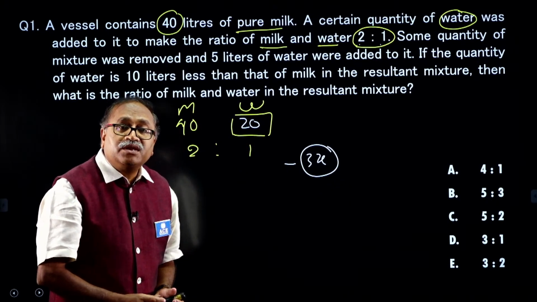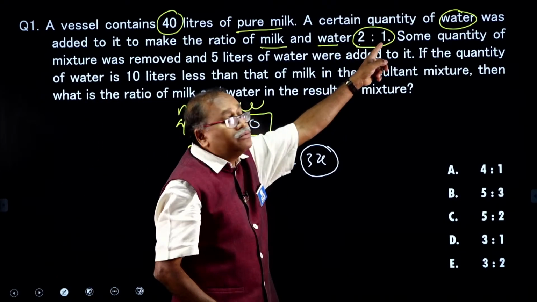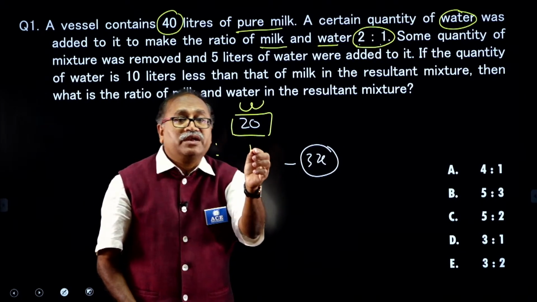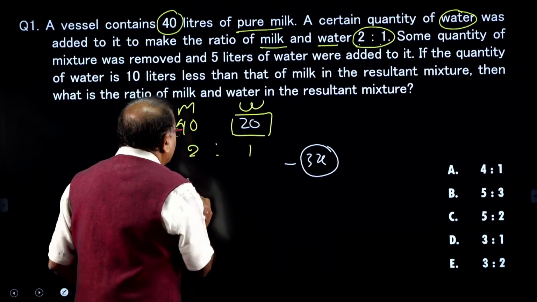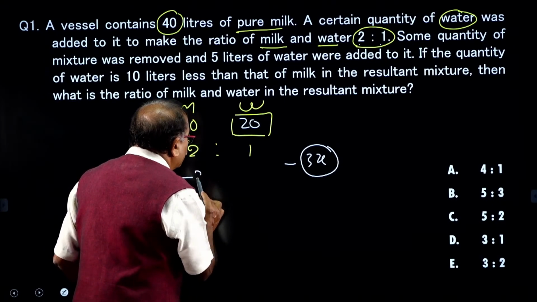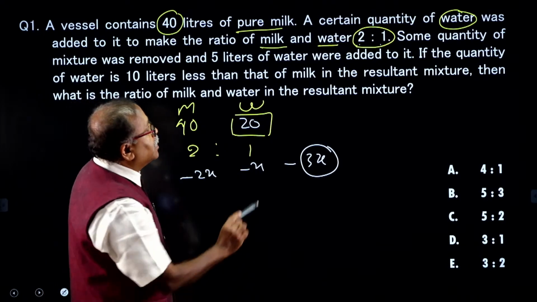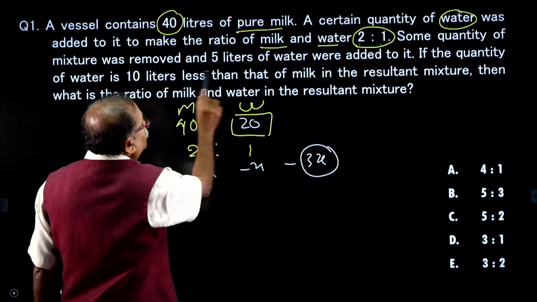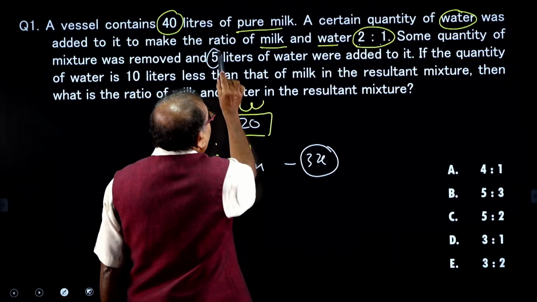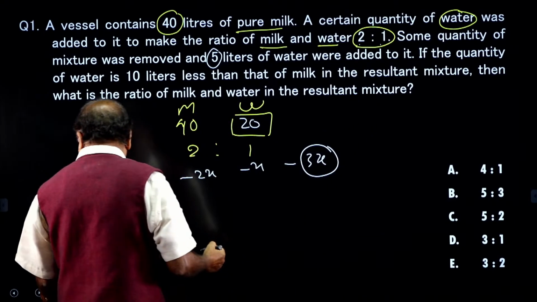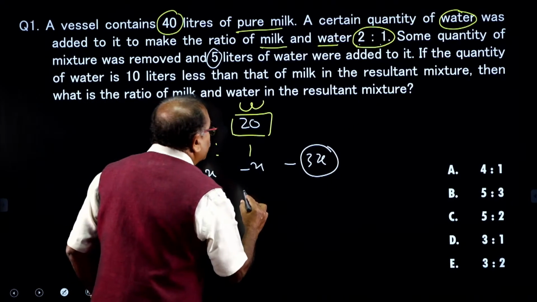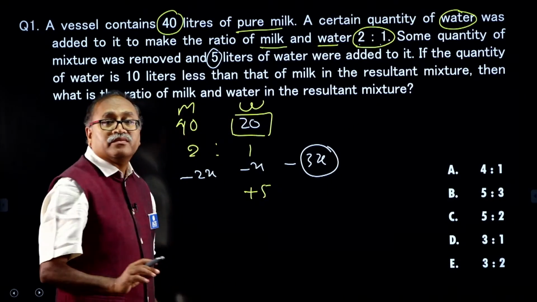Why did I take 3x? Because I can distribute this 3x into 2x and x. So from here 2x goes out, and from here x goes out, and then 5 liters of water is added.